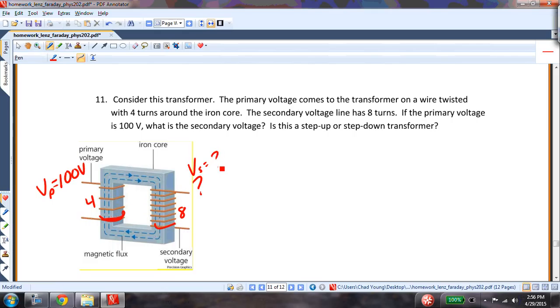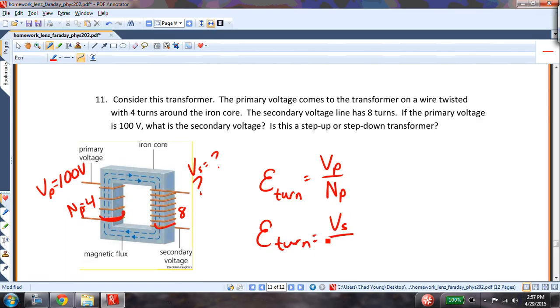I can describe the EMF of a single turn of wire as either VP over NP, where NP is the number of turns of wire, or it can also be VS over NS, where this is NS.